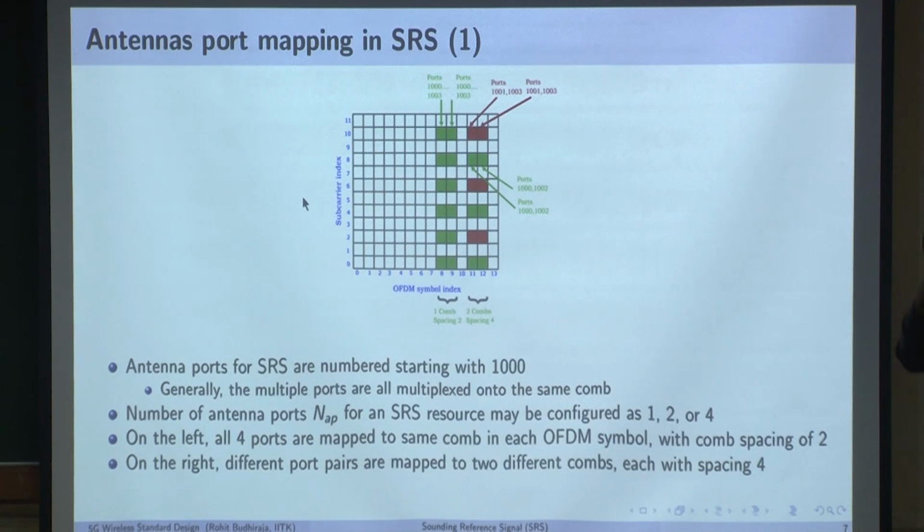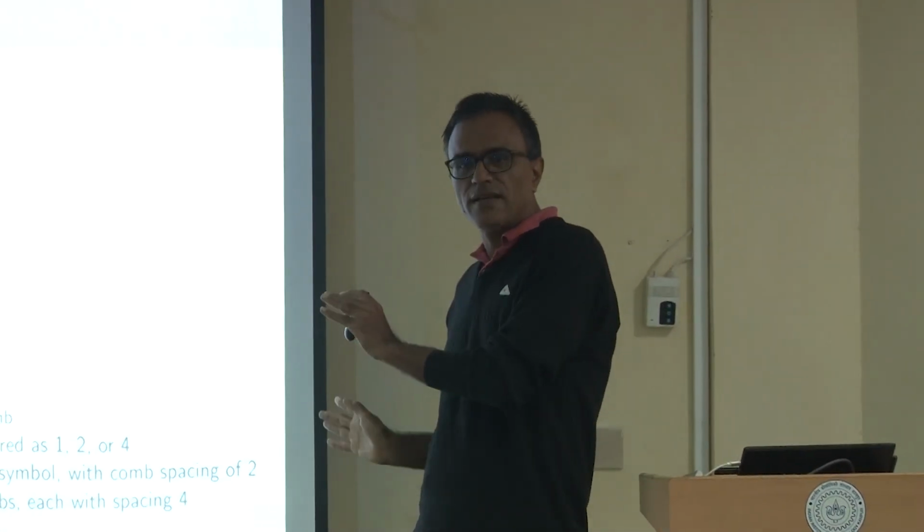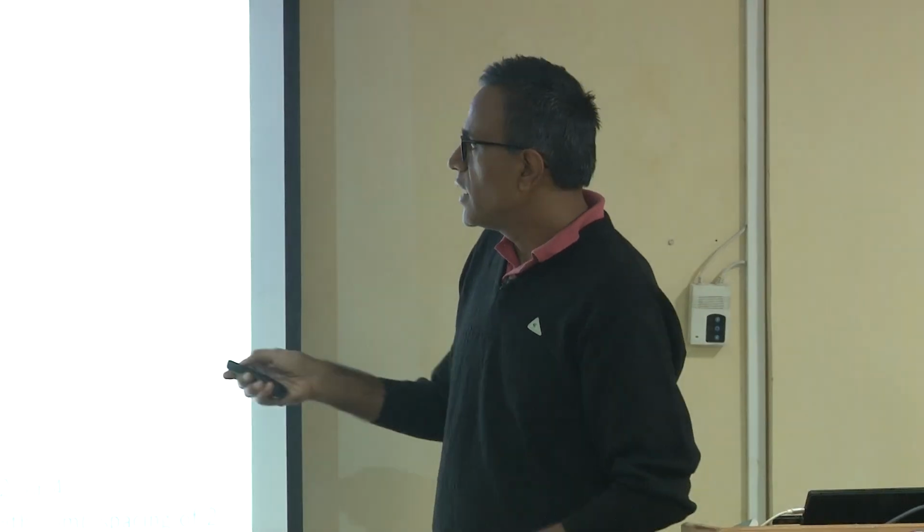Just for an example, I'll tell you how they are multiplexed. Remember in DMRS, if 2 ports are there, you have to create a sequence like this, +1, +1, +1, -1. That's the orthogonality. Something similar needs to be done, but in a different way. Here you will have to create 4 different sequences. We understood that in detail for DMRS.